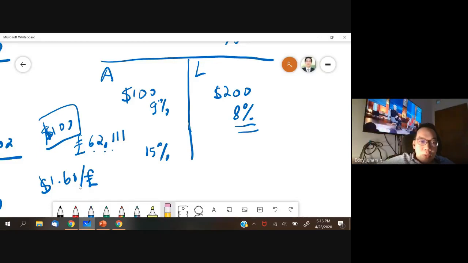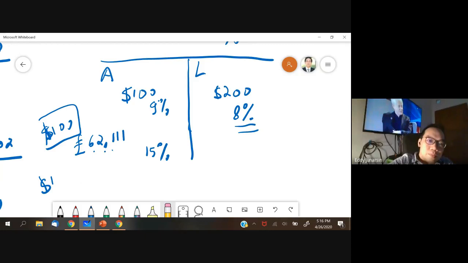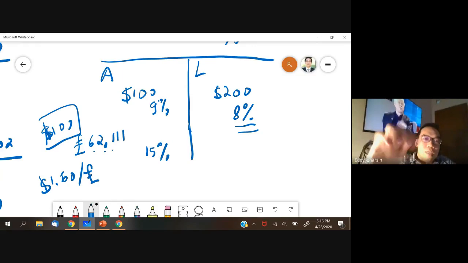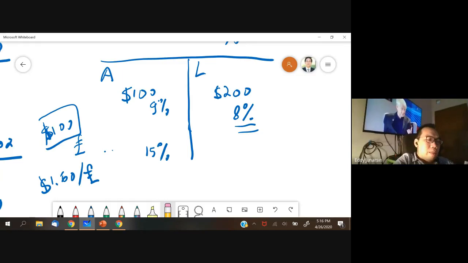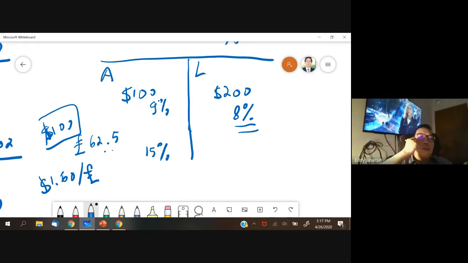Sorry, so I have to repeat a bit. 100 million divided by 160, we get 62.5 million. So 100 million is converted into 62.5 million pounds because the spot rate is $160 per pound.